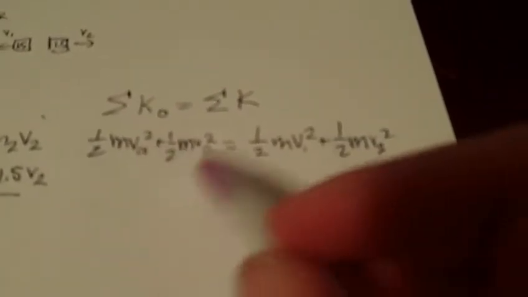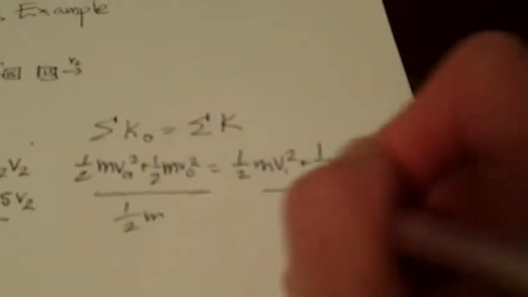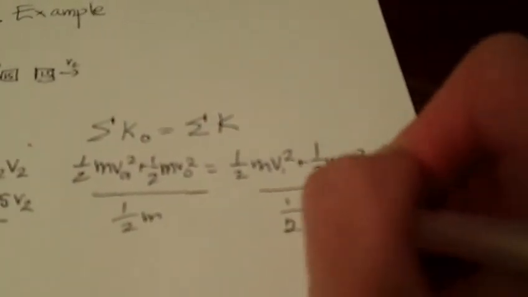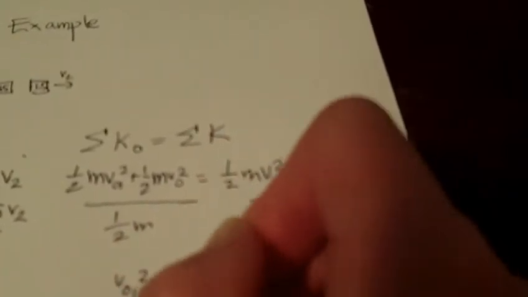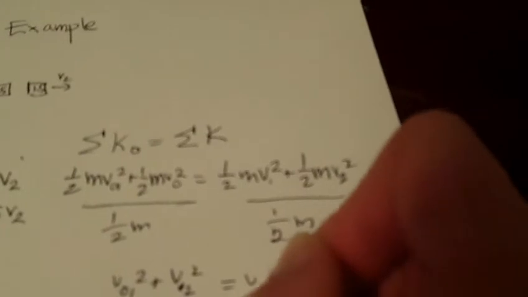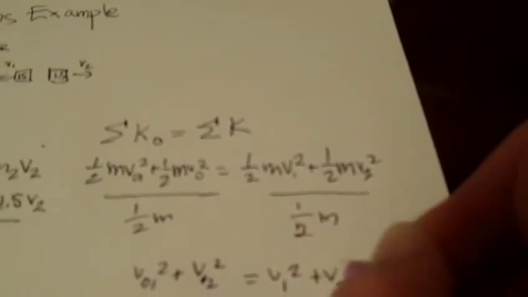I also don't care about all these 1/2s. So if I divide both sides by 1/2 m, I end up with v01 squared plus v02 squared equals v1 squared plus v2 squared.